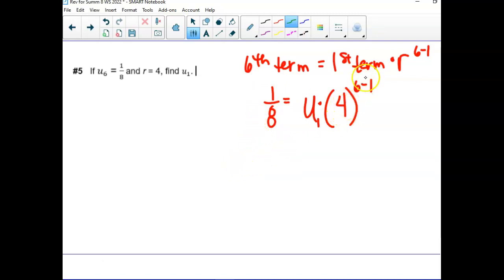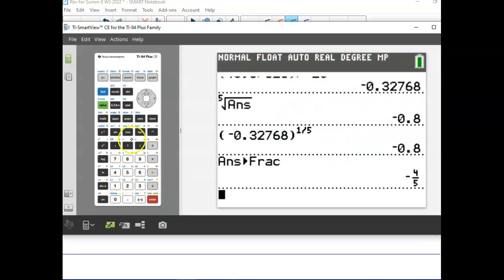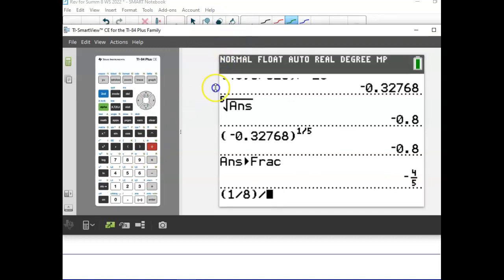We could do 4 to the 5th power first, but eventually we're going to have to do what to get rid of this multiplication? Divide. So I might just be lazy and do it all at once. So 1/8 divided by, I already forgot what it was, 4 to the 5th.